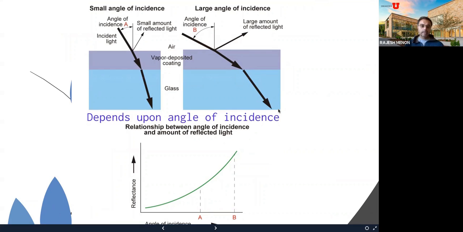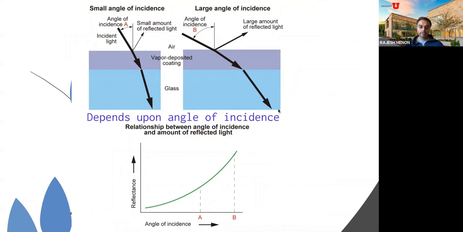Also, the angle of incidence is very important. Previously, in the example we talked about, we only considered normal incidence. Light was just coming straight down into the interface, right? In reality, of course, that's not the case. You have all kinds of angles, right? The sun is moving across the sky. So it turns out the angle of incidence is important.